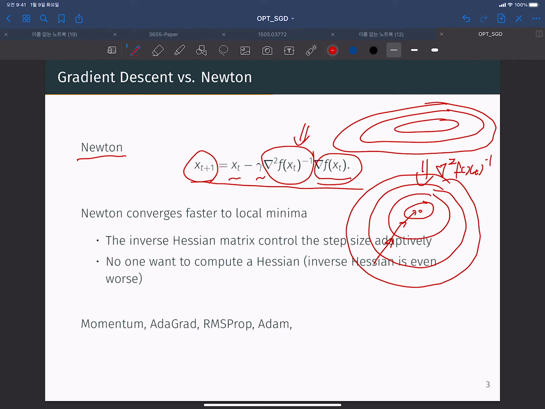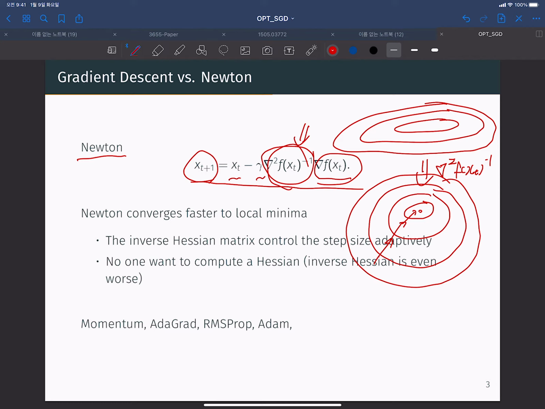But there is a problem with Newton's method and all the second order methods. This type of method using the Hessian matrix is called a second order optimization method. All second order optimization methods have a very significant, very crucial problem: computational complexity and memory requirement.